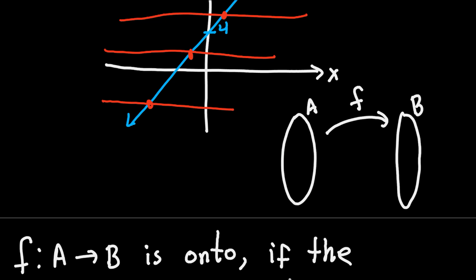If a function is 1 to 1, the situation that I'm going to draw is not going to happen. Two inputs cannot go to the same output. That's basically what 1 to 1 is saying for the function.